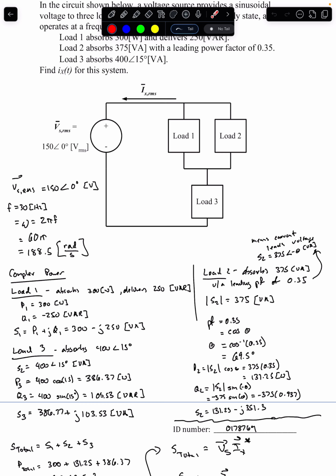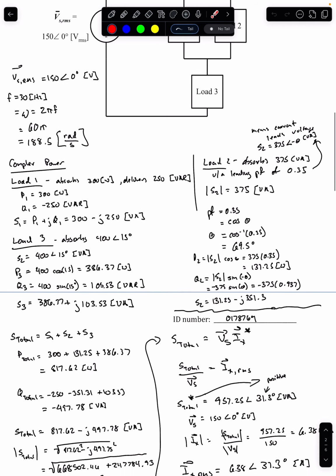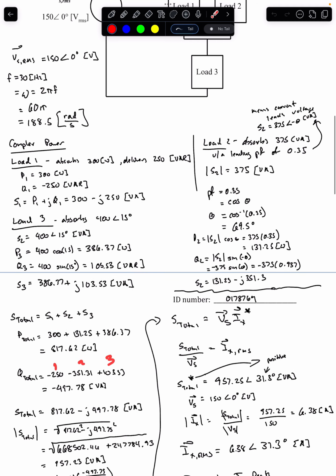Now we basically need to combine them to find the total complex power. We're essentially adding all the complex powers to get what the source must supply. So we're defining S1, 2, 3 and breaking it down into P total and Q total. We've already found the real and complex portions of 1, 2, 3 from above, so we add them all up.